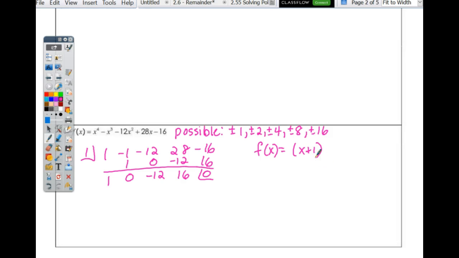So I get x plus 1. So now, everybody watch for just a second. Watch what happens. So I have x to the fourth here, right? So this is going to be what? X to the third minus what?